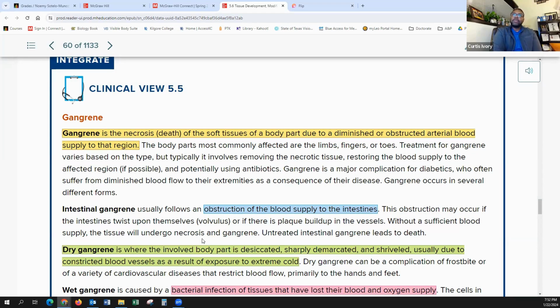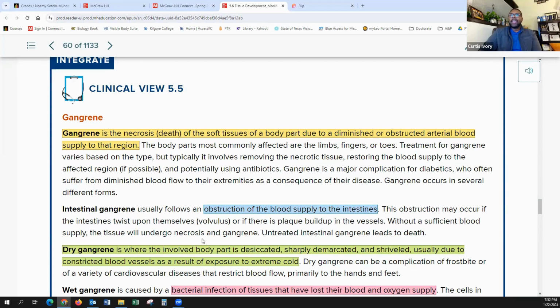So in intestinal gangrene, you obstruct blood flow to the intestines, so the intestines start dying off, which is a really bad thing because your intestines absorb your nutrients. If you can't absorb nutrients, you can't get your glucose, and if you can't get glucose, everything starts to die.